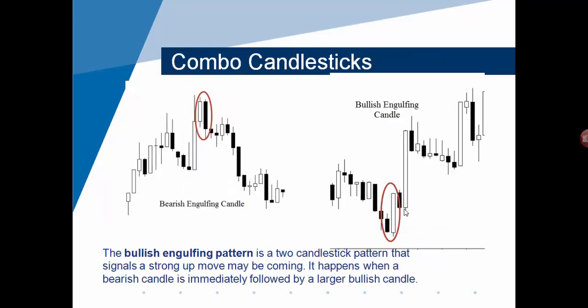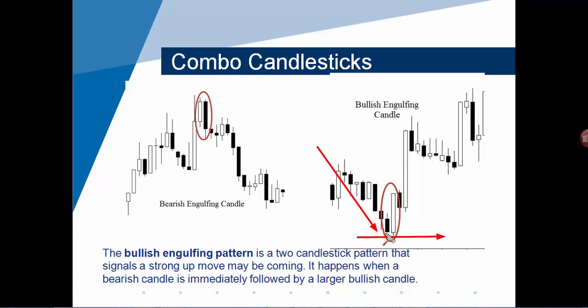Next up, we have combo candlesticks. So what we're looking at now is a bearish engulfing candle and a bullish engulfing candle. Now the bullish engulfing candle is a 2 candlestick pattern that signals a strong up move may be coming shortly. It happens when a bearish candle is immediately followed by a larger candle to the upside. So as price continues to fall, it hits a support level.